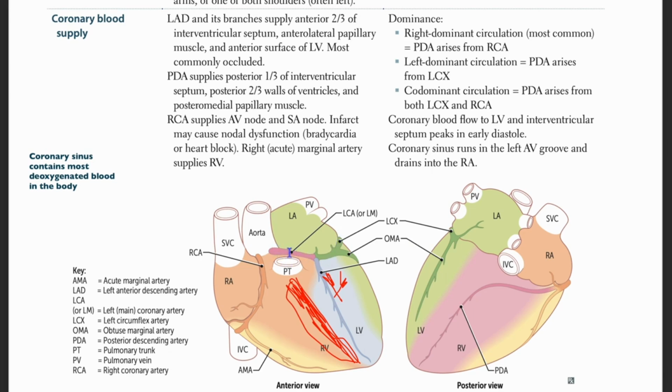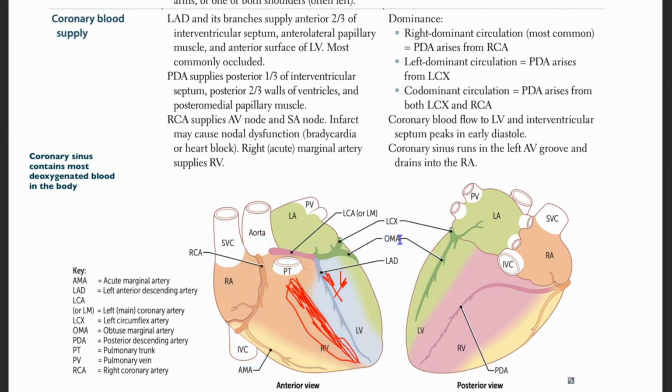So the pink one is coming from the origin of the aorta, travels at the border of the left atrium, and then it goes behind the left atrium, and that's where the left circumflex artery can turn into posterior descending artery in some people.